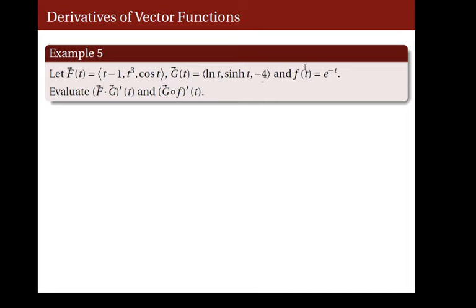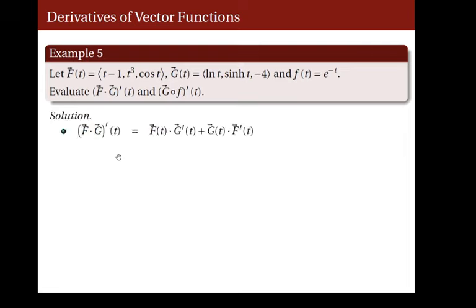Now we take a real valued function small f given by e raised to negative t. Okay? So we want to get the derivative of the dot product between f and g and the derivative of the composition of g with the function small f.